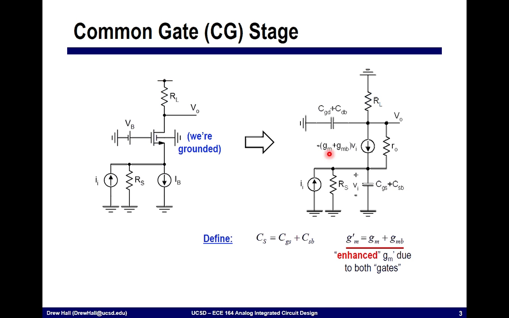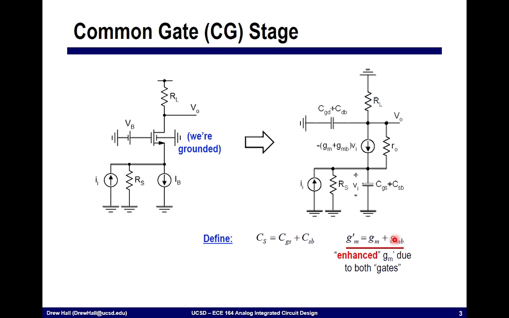And you'll also notice that we've taken into account the body effect. Since this body is tied to ground and the source is not tied to ground, there is another transconductor, GMB. However, this transconductor, since the gate is tied to ground, is directly in parallel with GM. So I've simply put them together, and I've called this an enhanced GM.